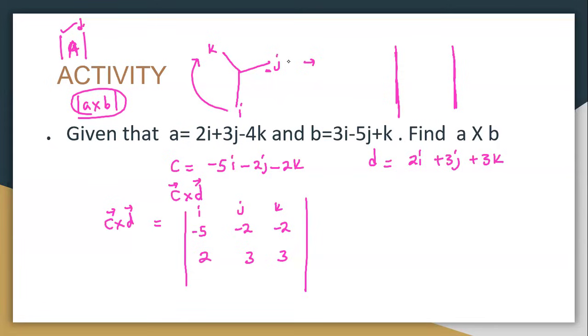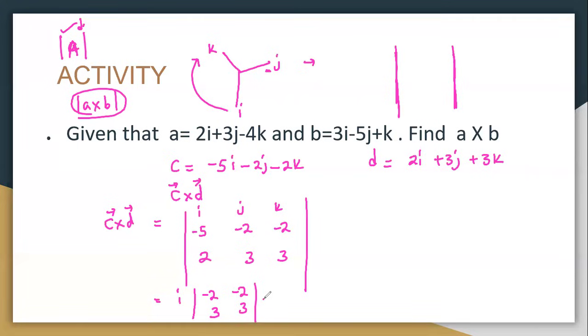Okay. Yes, Gilbert. Which method have you used? I've used the second approach. Okay. How did you go about it? So I began by eliminating. If we eliminate the I and we put it outside, we put there -2, 3, -2, 3.